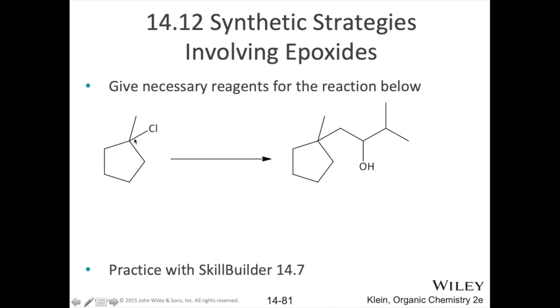You can convert this into a Grignard by reacting this with magnesium and ether. And so you're just inserting a magnesium in here between the carbon and the chlorine. We can then react that with an epoxide that has this isopropyl group coming off one of the carbons. All right, so that's basically this.